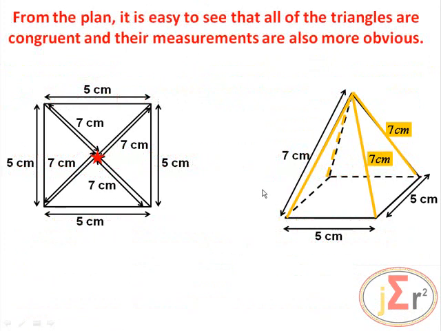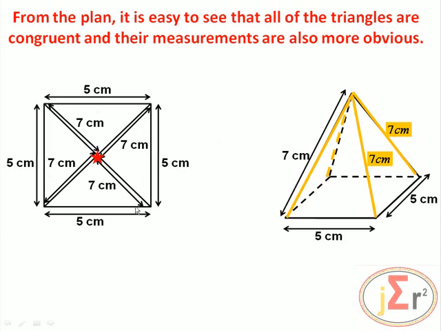From the plan, it is easy to see that all of the triangles are congruent and their measurements are also more obvious. So looking at the pyramid from above, it is more obvious that all of these are equal to 5 centimeters.